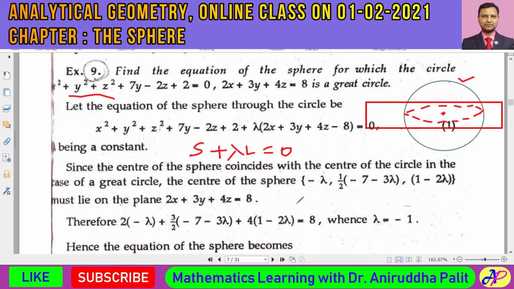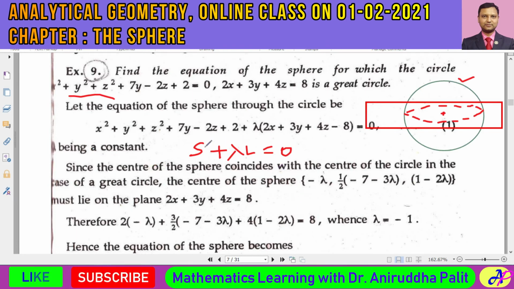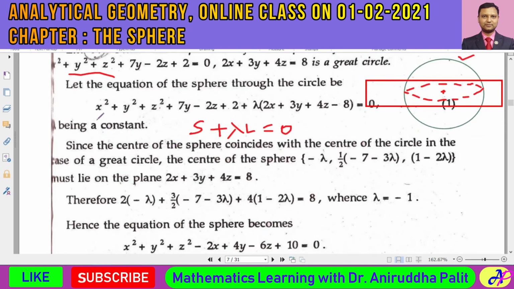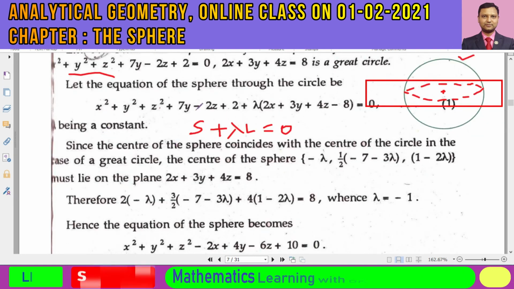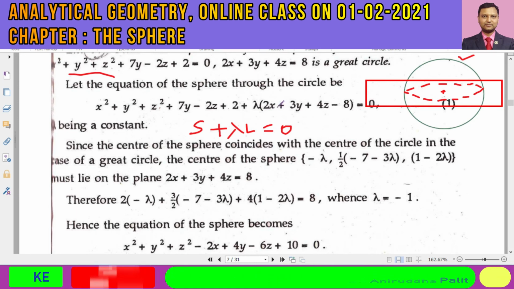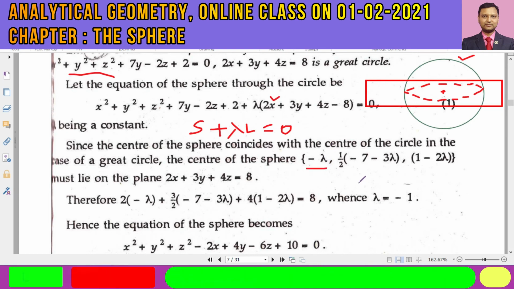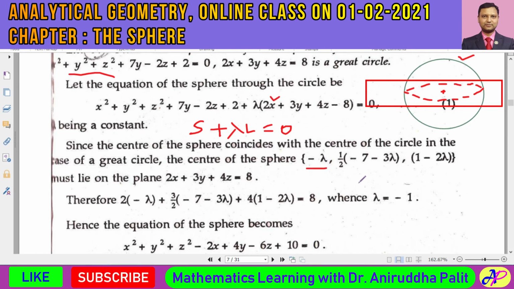So what would be the center of this required sphere? If we write this expression in this way, you see x square, and what is the coefficient of x over here? The coefficient of x is twice lambda. So minus lambda would be the x coordinate of the center.